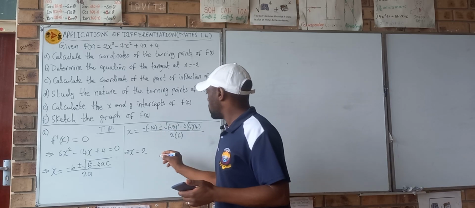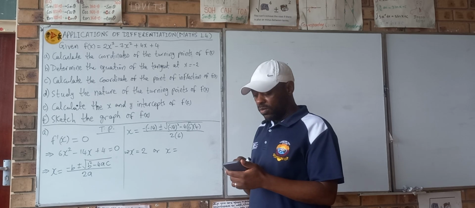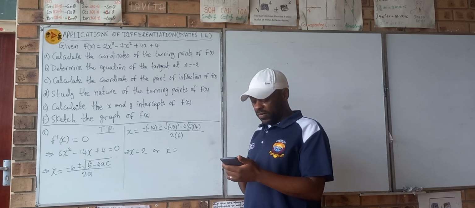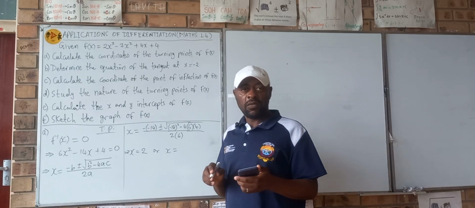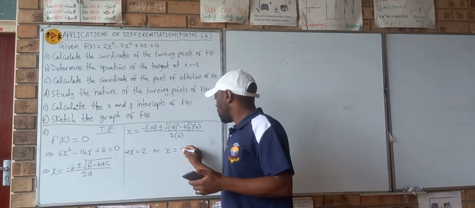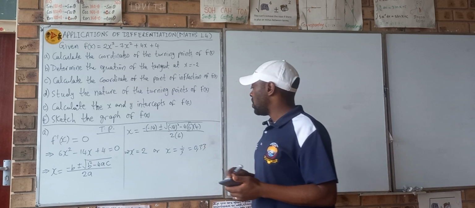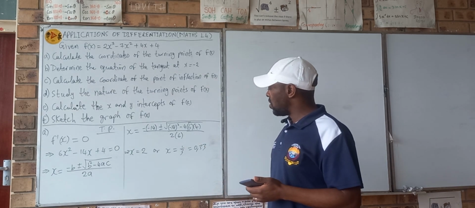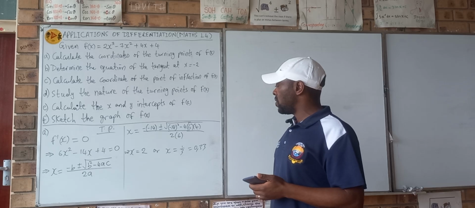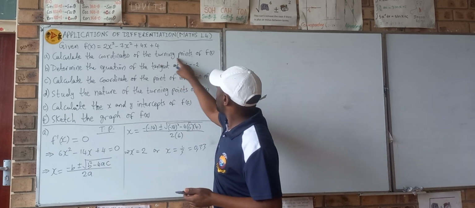I only use the positive sign. Then for the other one, I'm going to just replace the positive by a negative, and that is giving me 1/3, which you can also call 0.33, whichever. So those are the x ordinate of the turning point.